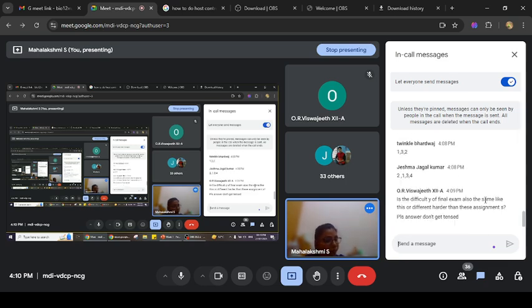Okay. About the exam, only the professors can answer because they are involved in the preparation of questions. But since the syllabus is designed in this way, it will include both problems and theory questions. The weightage of the problem questions and the theory questions will be decided only by the professors.